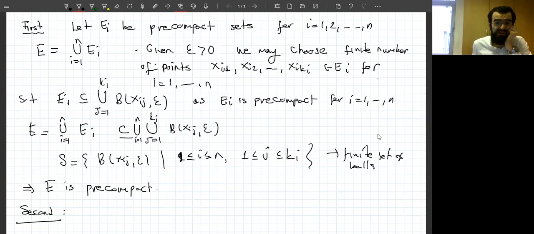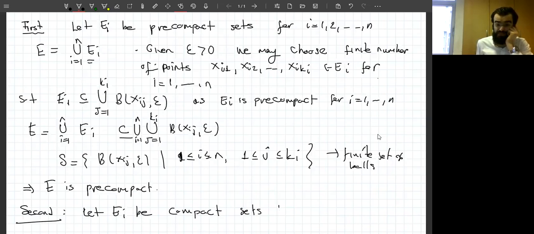The second part, we will assume these sets are compact, so their union also is compact. Okay? Here, let E_i be compact sets, i equals 1 to n.